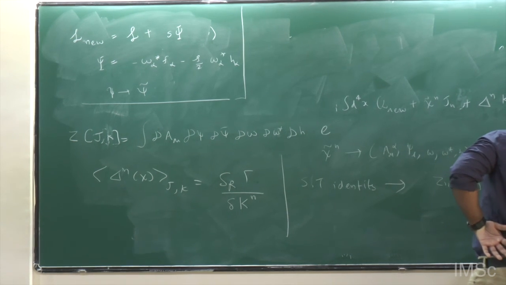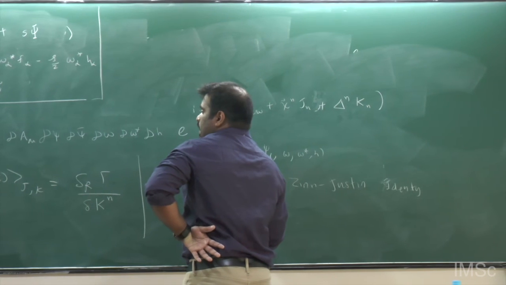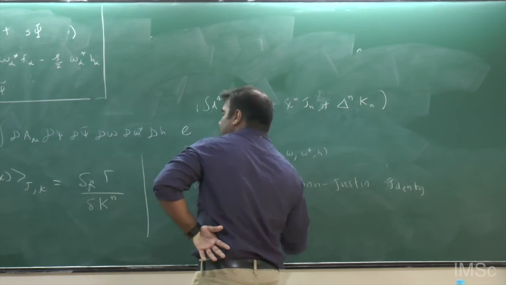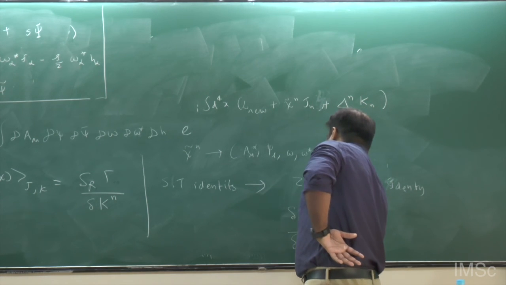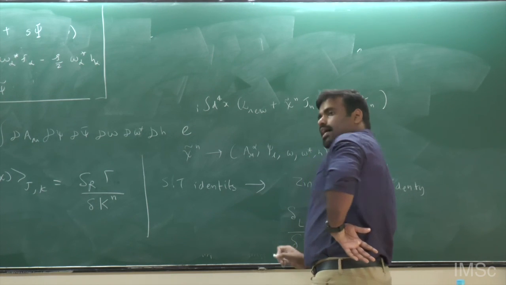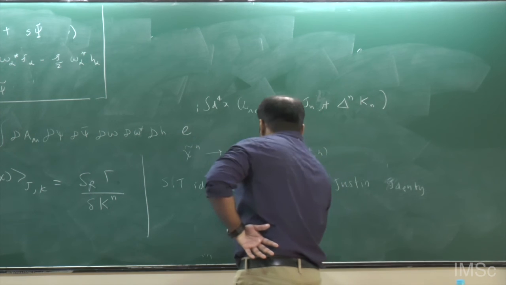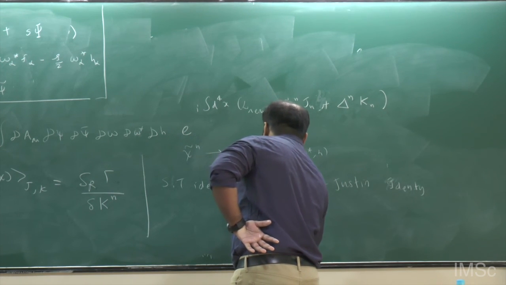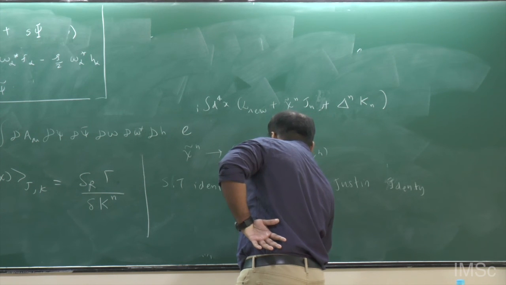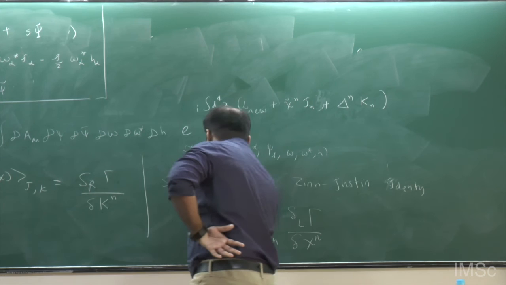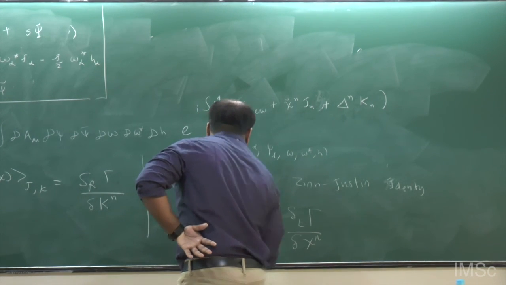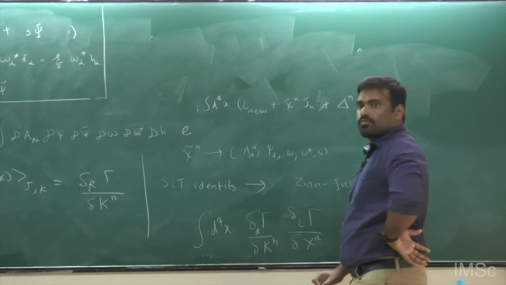The identity is that you start with the left derivative of the effective action with respect to the fundamental field chi n, and then multiply it with the right derivative of the effective action with respect to the source for the BRST variation K n, and then integrate it over whole spacetime. This should be equal to 0.